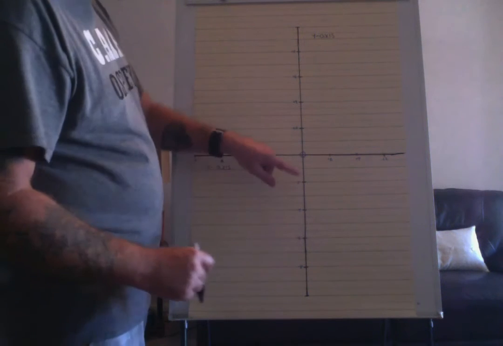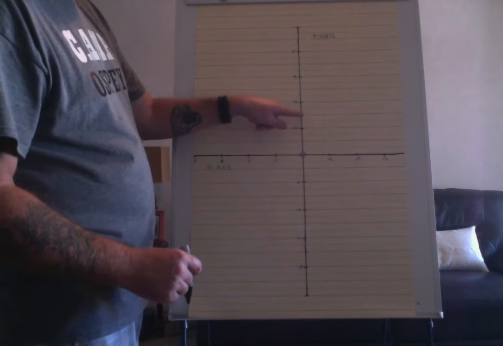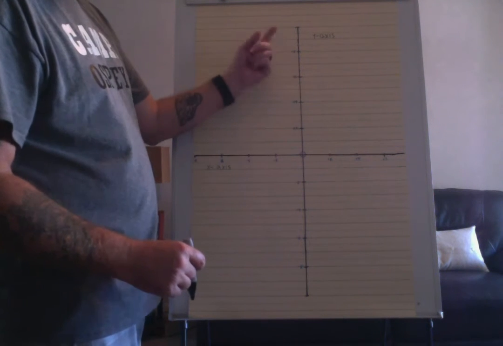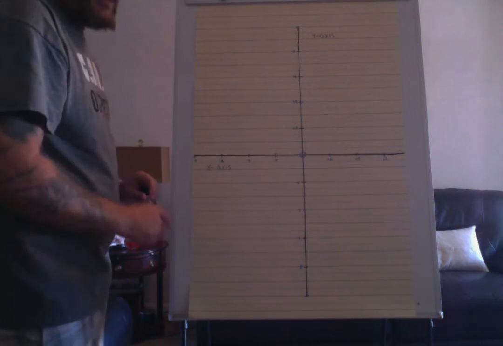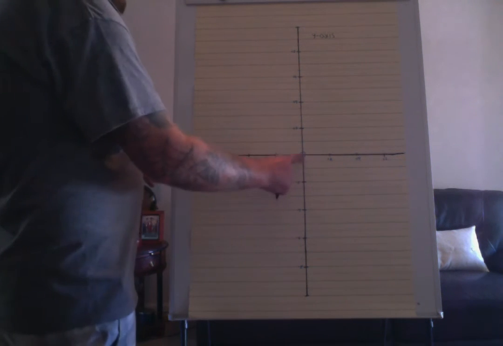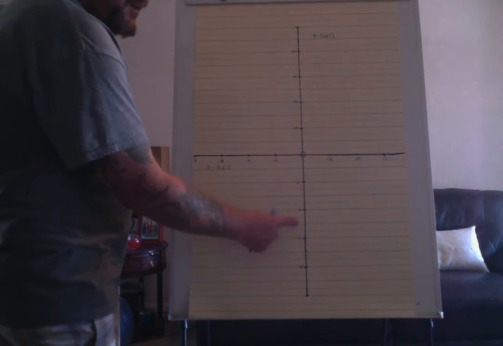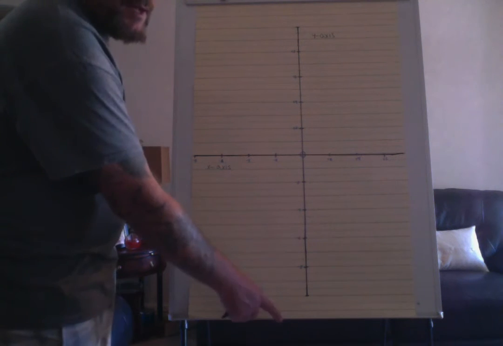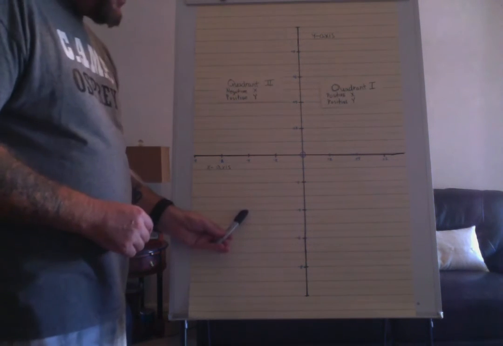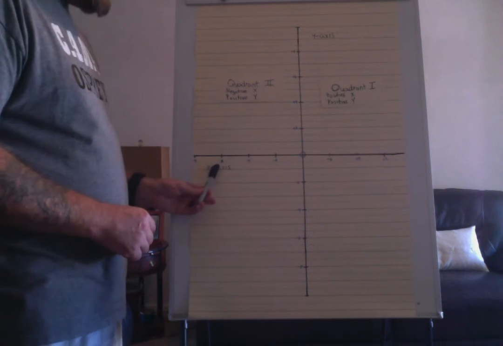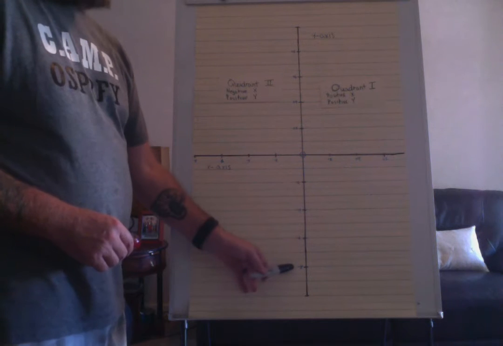Now the y-axis, as you go up, it increases: 1, 2, 3, 4, 5, 6, and so on. But when we go down from the origin on the y-axis, it decreases: 0, -1, -2, -3, -4, -5, -6, etc. In the third quadrant, x is still negative, just like in quadrant 2, but y is now negative.